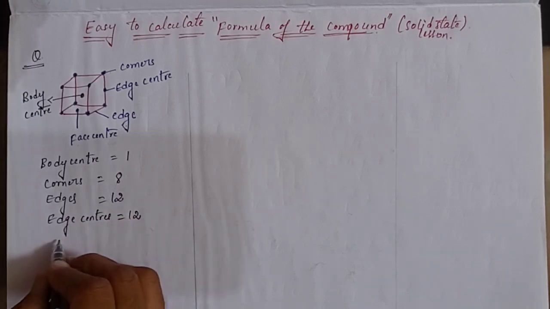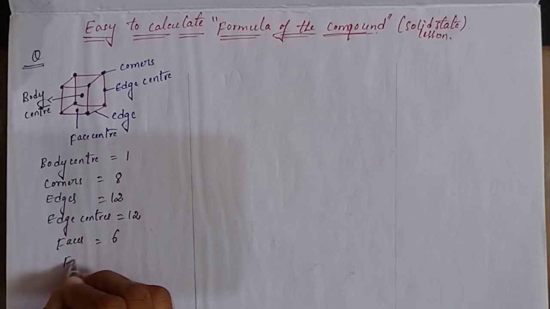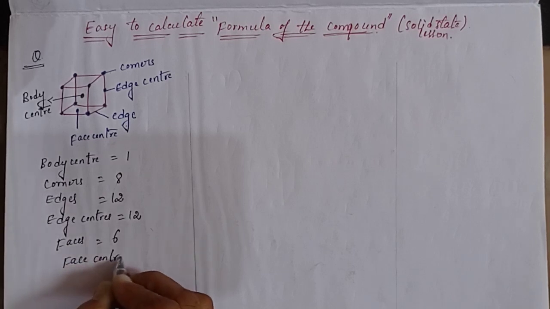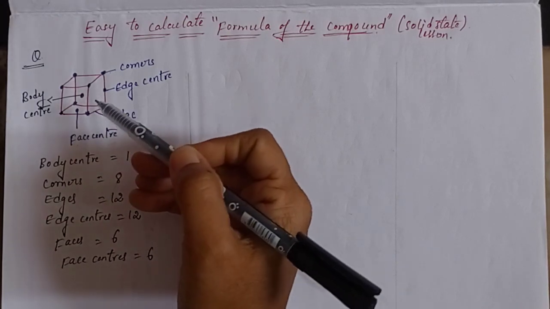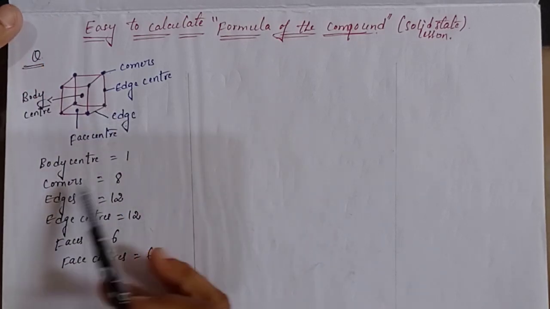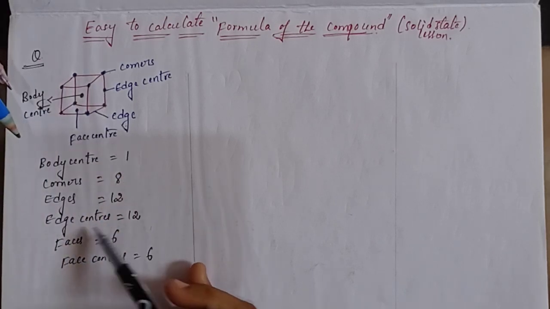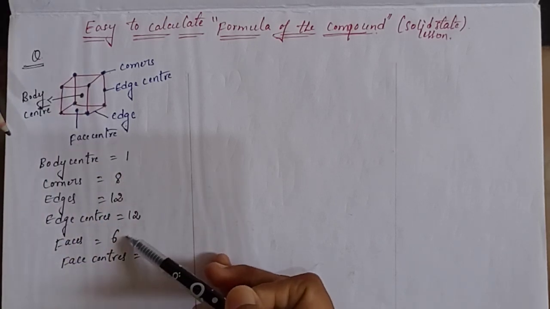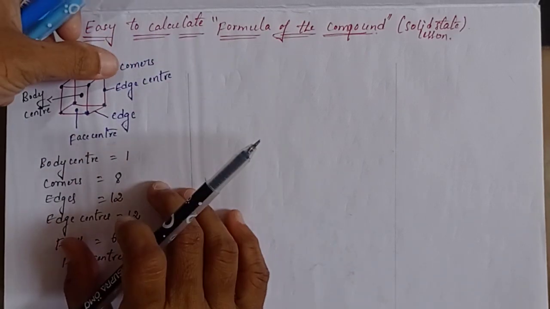How many faces, students? Total faces 6. Face centers also 6. Clear this one? Face centers 6. So one body center particle will be there. And next, 8 corners, 12 edges, 12 edge centers, 6 faces, 6 face centers will be there. Clear, students? This is about the cubic unit cell.